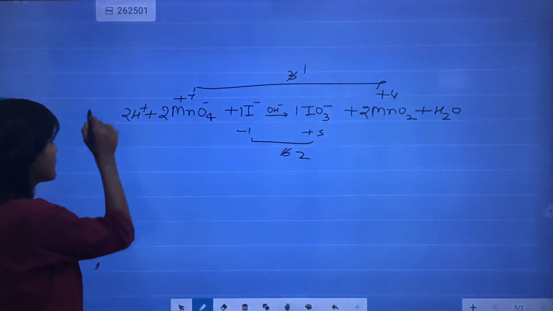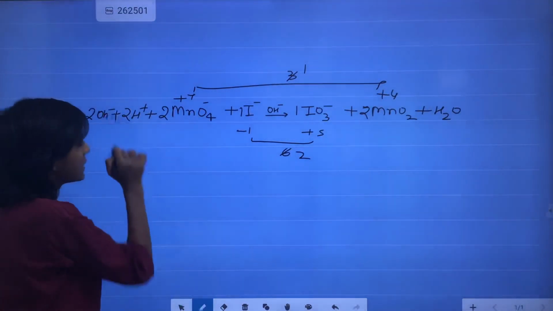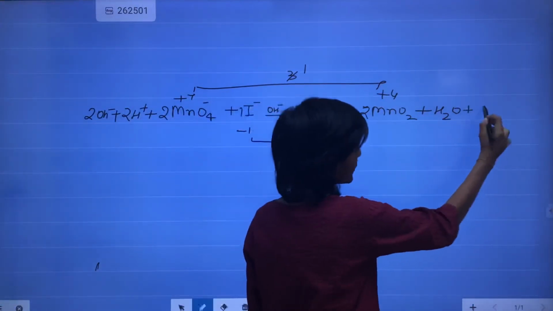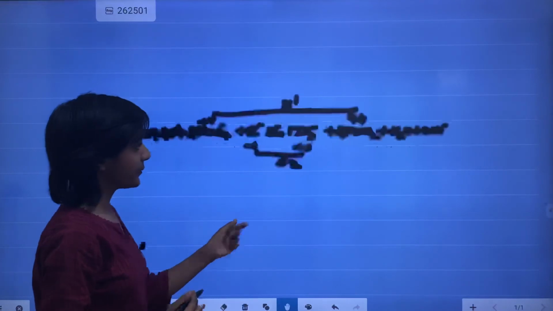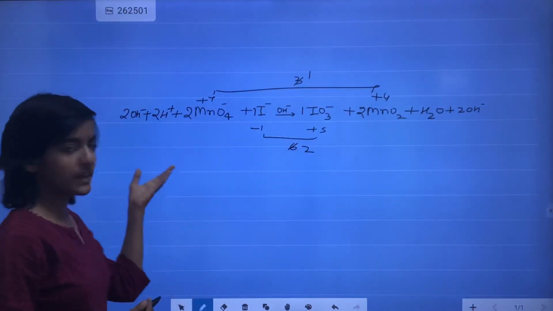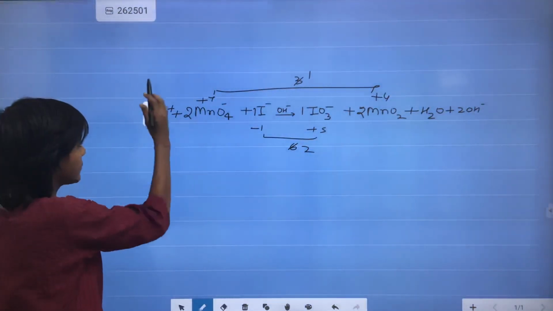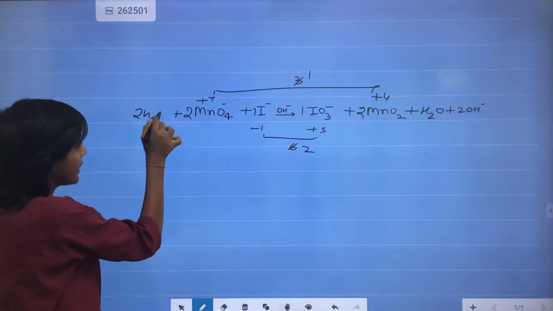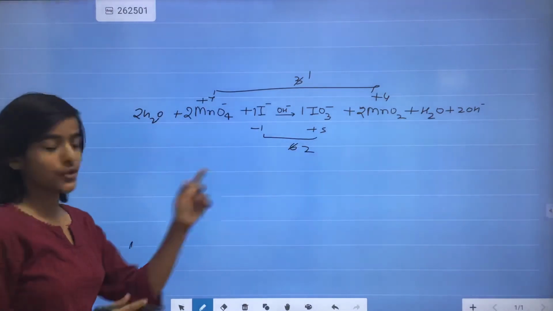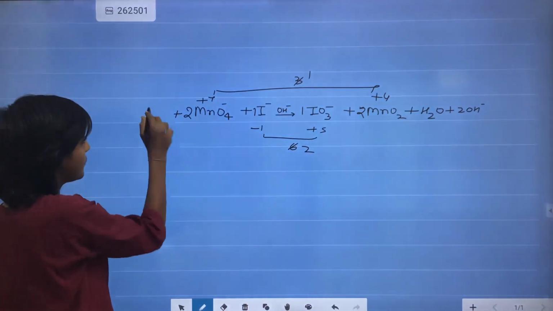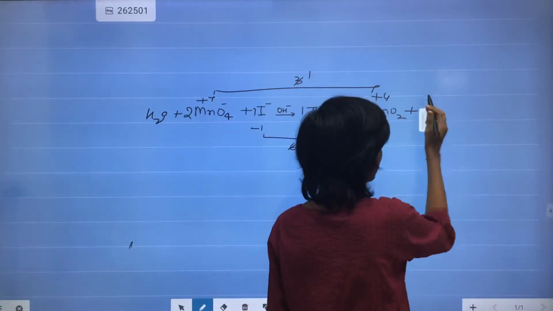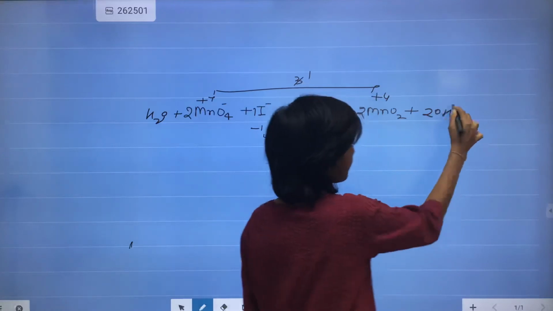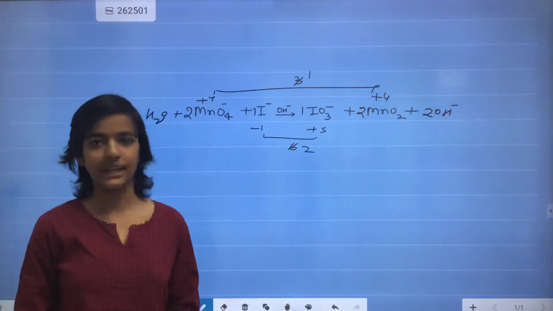So here it is 2 H plus, so 2 OH minus, and here also 2 OH minus. This 2 H plus and 2 OH minus will be 2 H2O, and 2 H2O and H2O will be cancelled. So here it will be only H2O and here it will be only 2 OH minus. So the reaction is balanced.